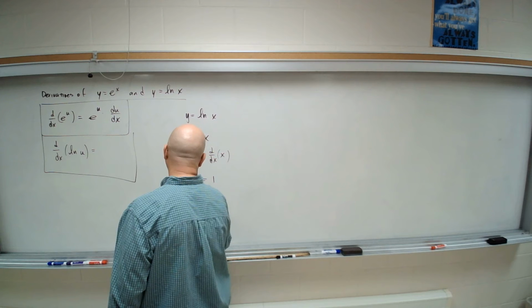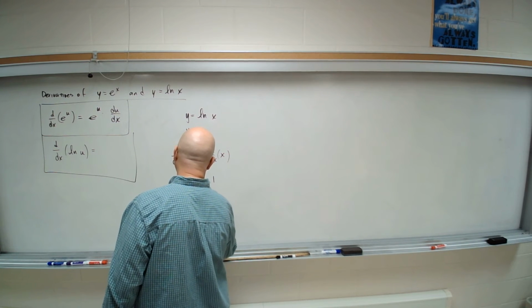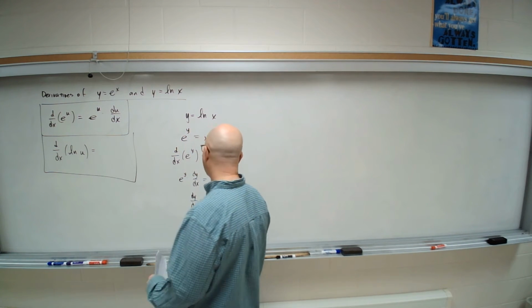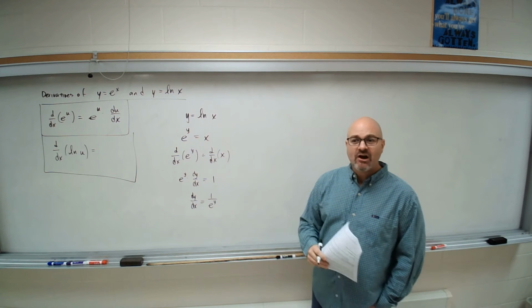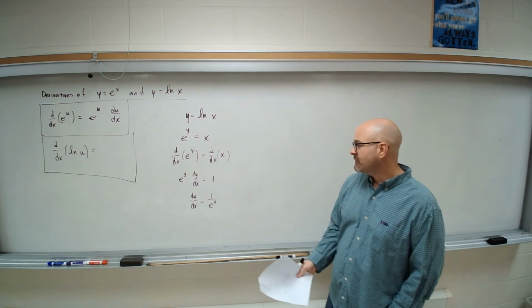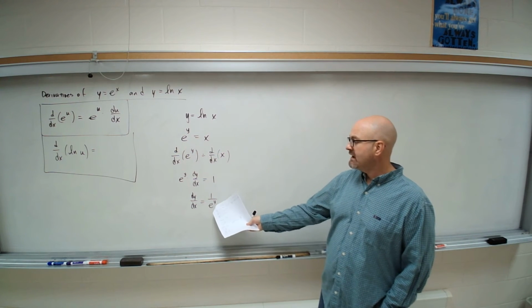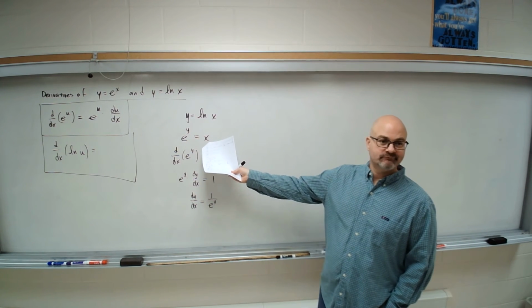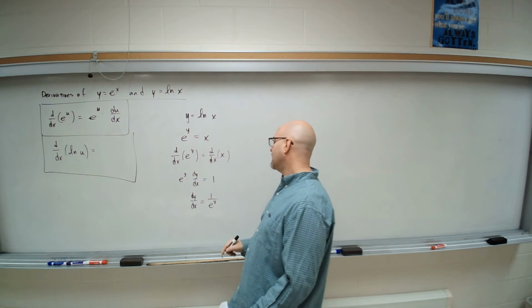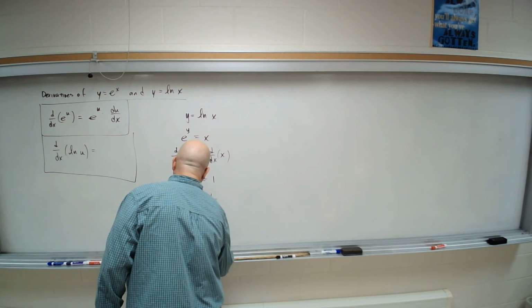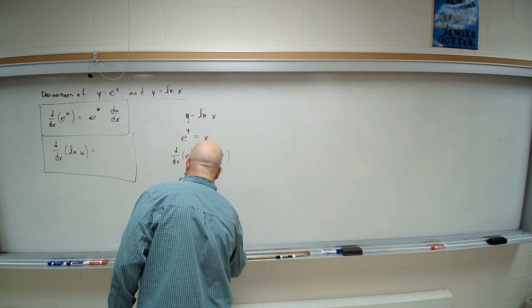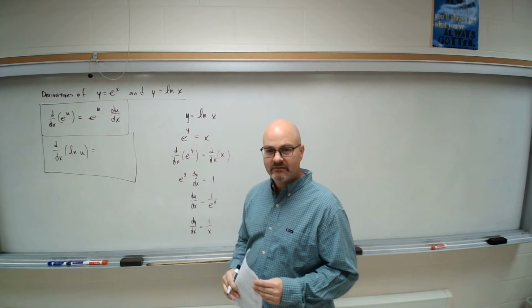And then dy over dx is 1 over e to the y power. But just like we saw with our inverse sine and inverse tangent, we don't want to leave an e to the y in here. But if we look up here, what's e to the y equal to? X. It's just equal to x. So we get the derivative of y with respect to x is just 1 over x.